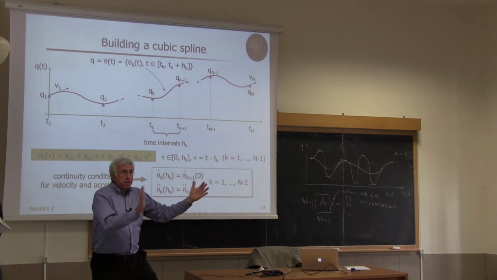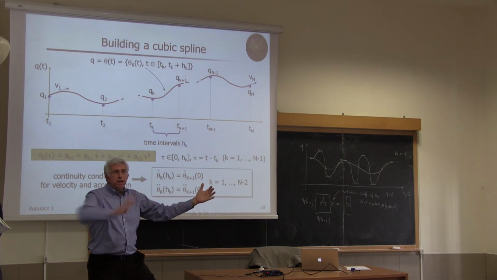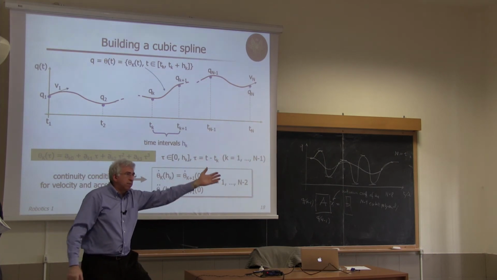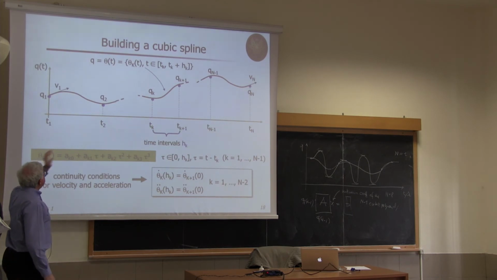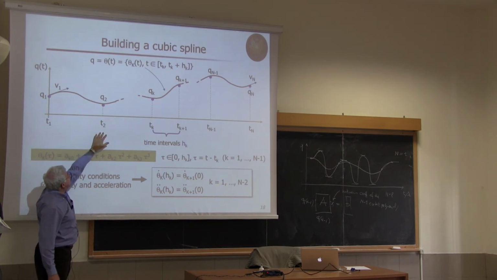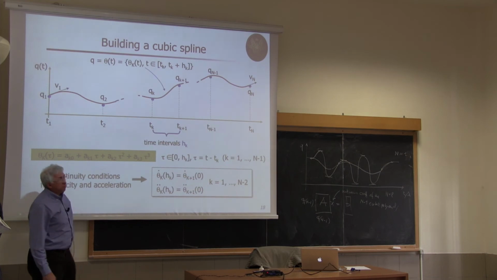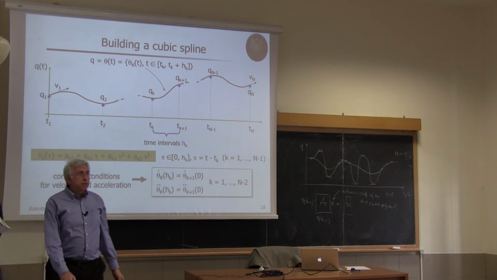But it may be a spline that starts at some time and there is something before and something later, so this is more generic. And then inside each of these intervals you have a cubic polynomial, and we call these cubic polynomials with the letter theta.